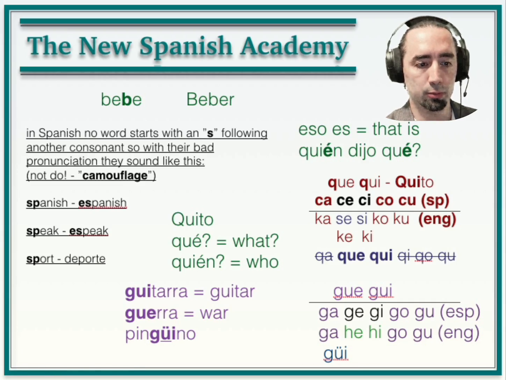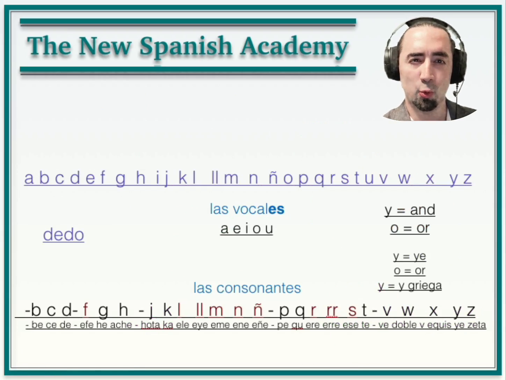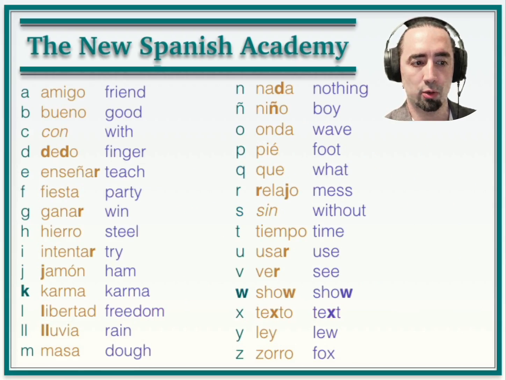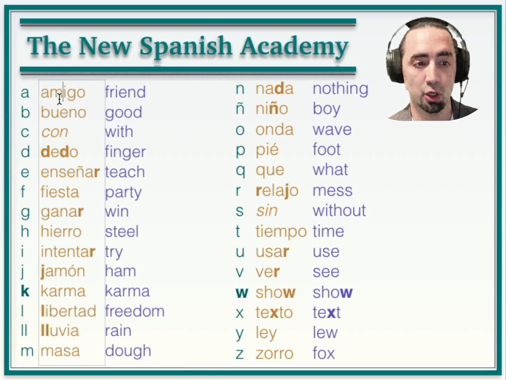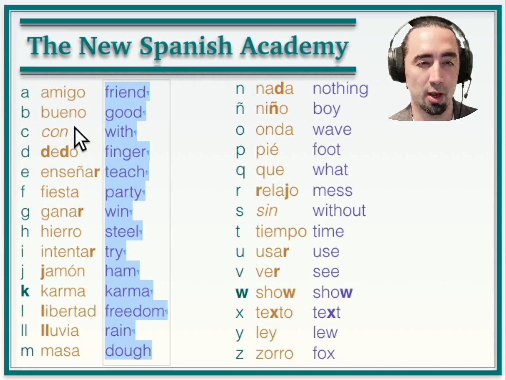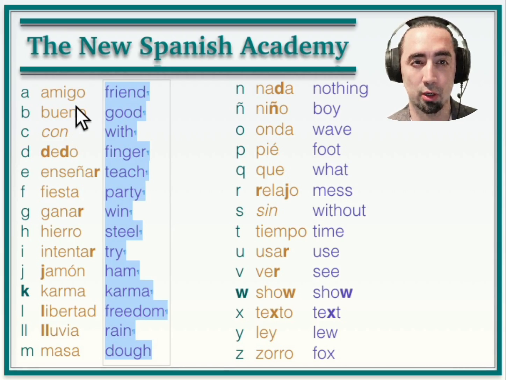Now, before we finish this video, we're going to go through all of these words here, which is one word per each letter of the alphabet, and we're going to go quickly. What you want to do is look at the English translation to the right, and I'm just going to say the Spanish word.